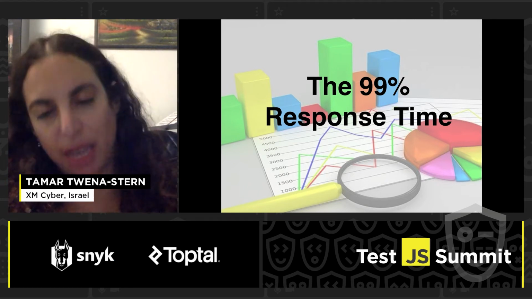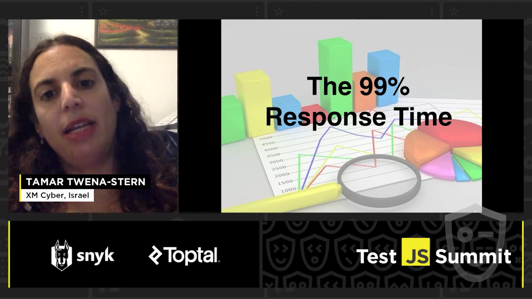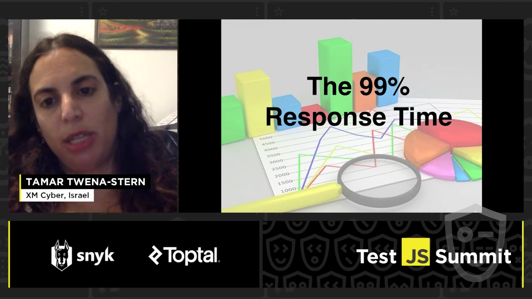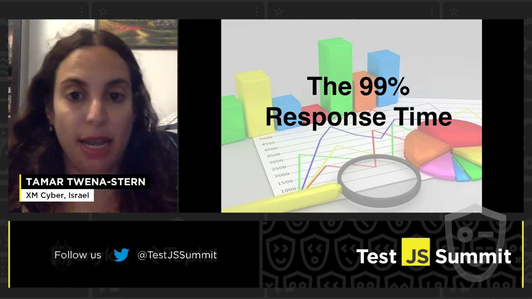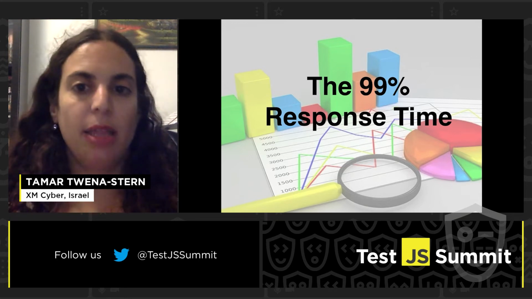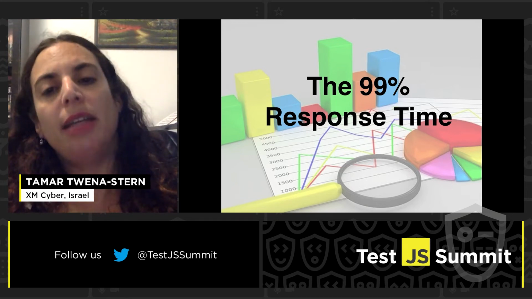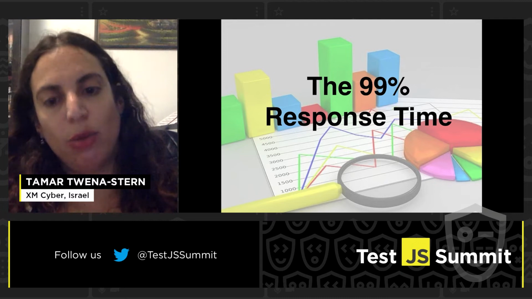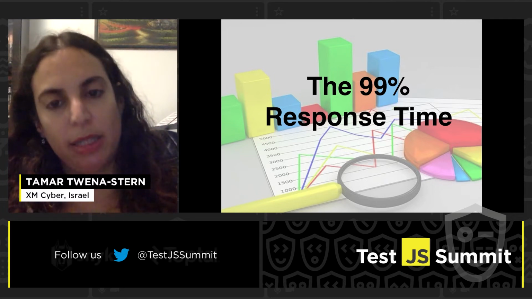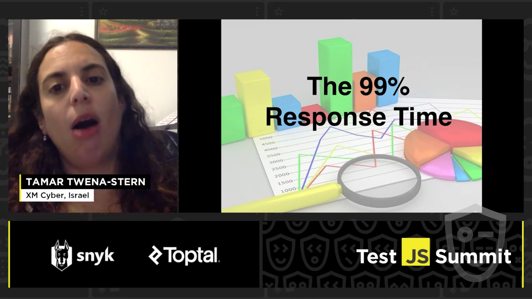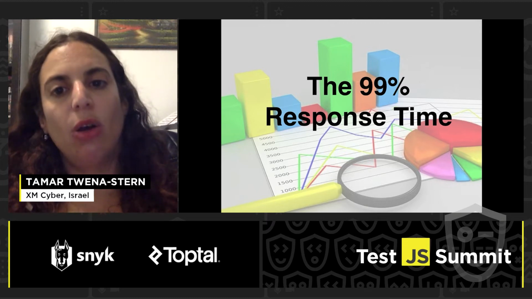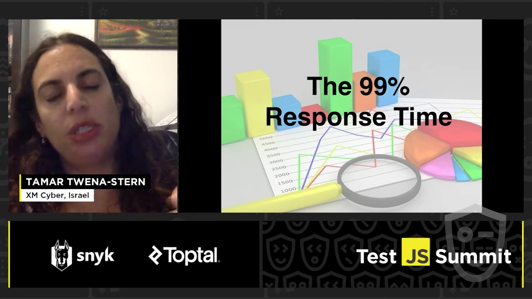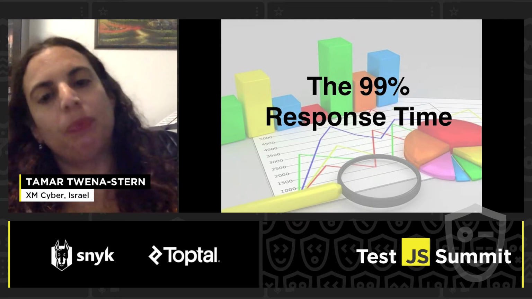And in that case, it is better to look at the 99th percentile, because if it's 3 seconds, it means that 99% of my requests were faster than 3 seconds, and only 1% was slower than 3 seconds.